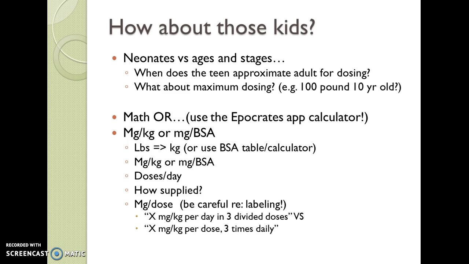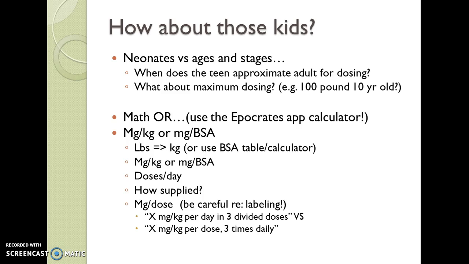So here are some questions to ponder. We do use a mathematical formula. We have to, of course, convert pounds to kilograms, if not already done so, when we weigh the patient. The doses are always given in either milligrams per kilogram or milligrams per body surface area, and so this all has to be calculated ahead.